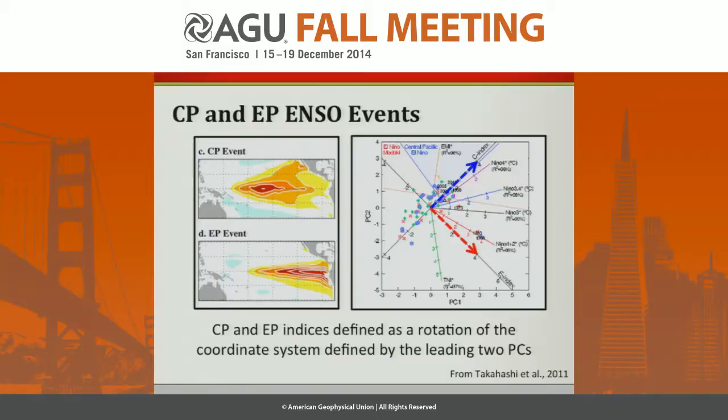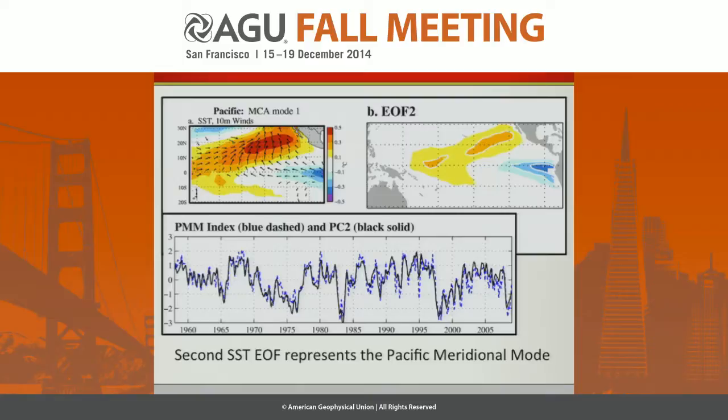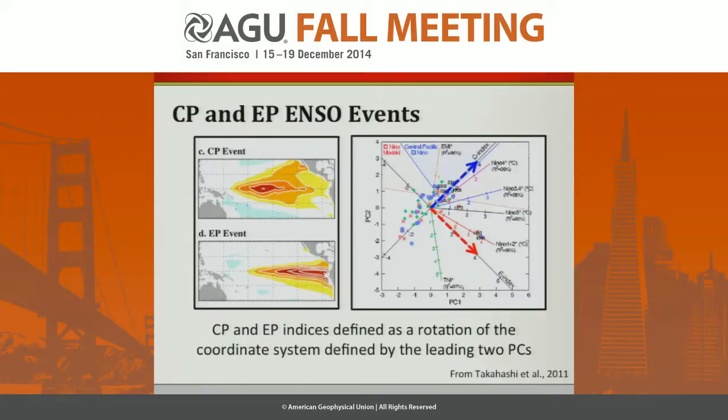And the spatial pattern associated with that is depicted here, and we'll call that the Central Pacific event. And then the E index is defined as EOF1 minus EOF2, and the spatial pattern associated with that is shown here, and that represents Eastern Pacific ENSO events. And so Takahashi showed that a lot of the commonly used indices for Central and East Pacific ENSO events can be described by these two.